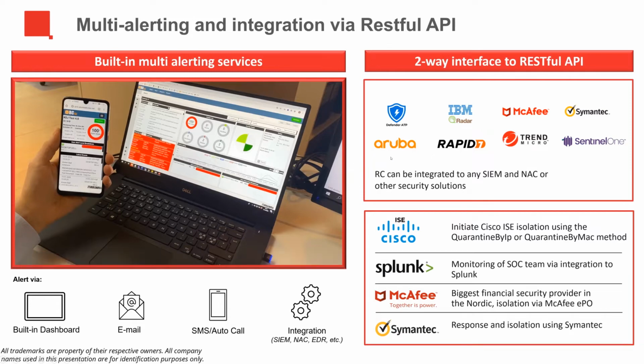We also have a fully featured two-way RESTful API in our tool, which means we can integrate with a number of other security investments you have today. So if you have invested into SIEM systems, network access control solutions, or EDR, so endpoint detection and response solutions, we can basically send alerts to those tools.